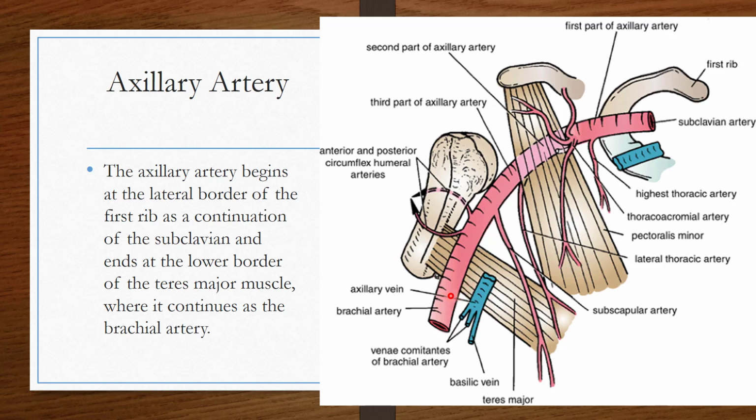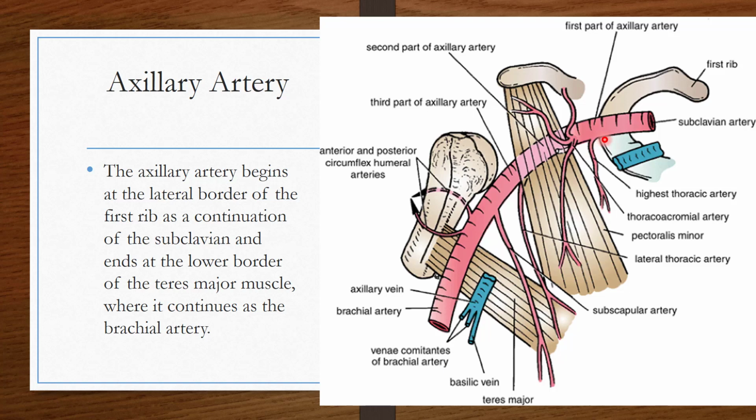Up till here the axillary artery continues, and from this point it will be continued as the brachial artery. So it is the same artery which is first the subclavian artery, then from the outer border of the first rib till the lower border of the teres major muscle it is the axillary artery, and then it will be continued as the brachial artery.